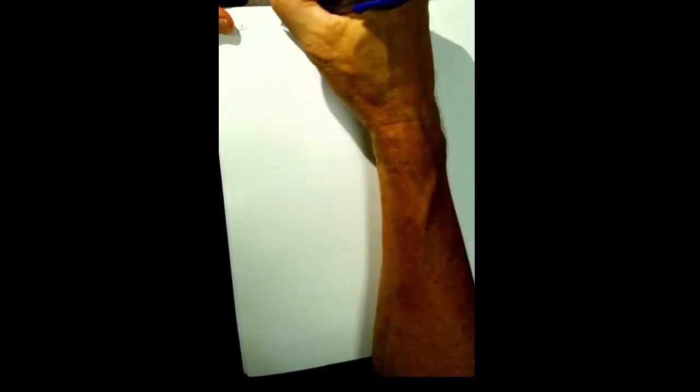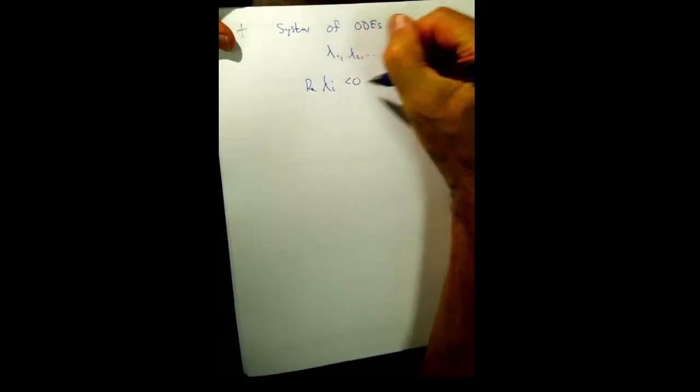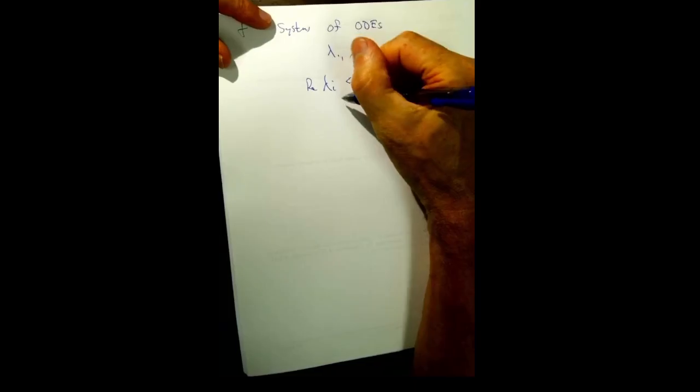All right, let's go through and look at an example. So what we've seen is that when we have systems of equations, we can find the eigenvalues, and if the real part of every eigenvalue is negative, it's going to be stable, right?